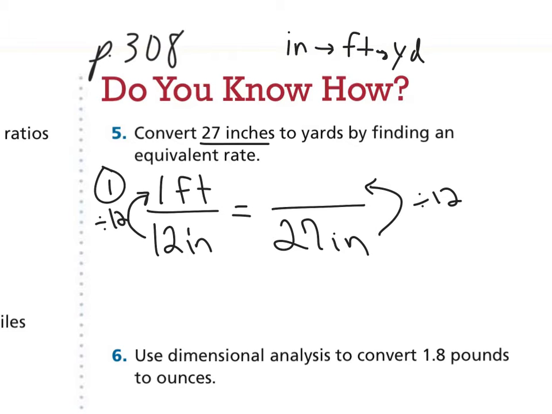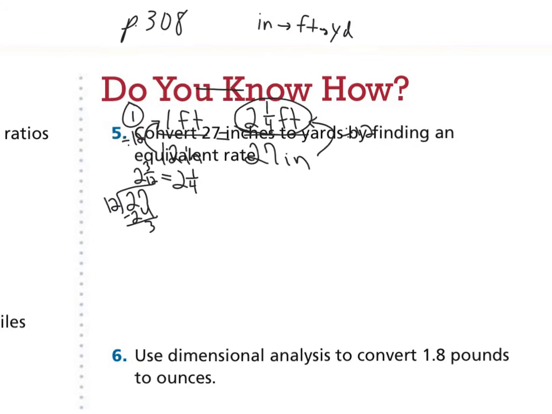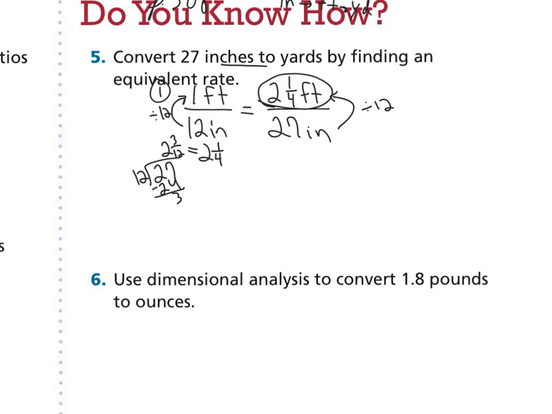So 27 divided by 12 is not going to come out evenly. So that's 2 3/12. You can reduce that to 2 1/4. So 2 1/4 feet is equivalent to 27 inches.